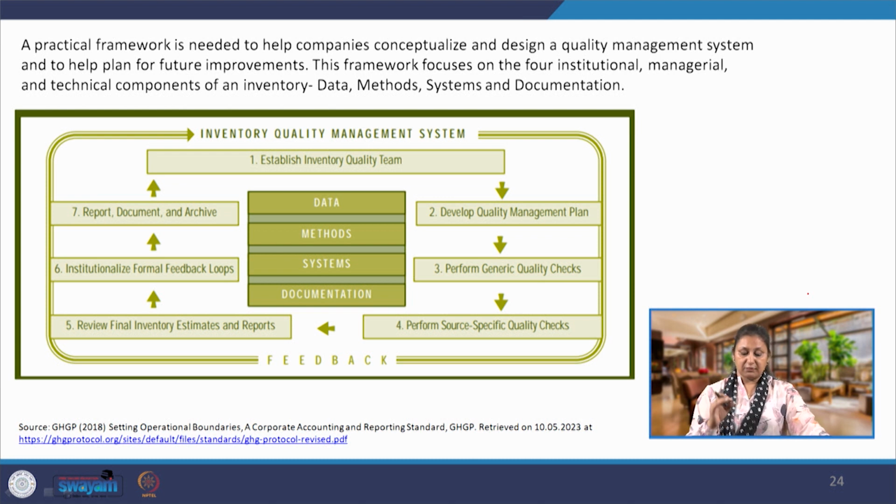So, that is where we have to have a mechanism in place for quality checks, whether the data coming in is correct, calibration of these sensors, calibration of these meters.